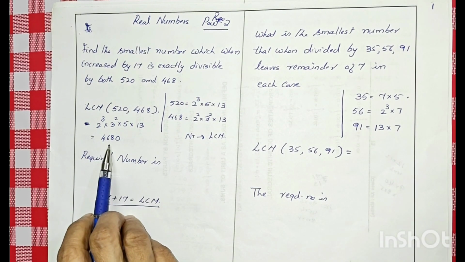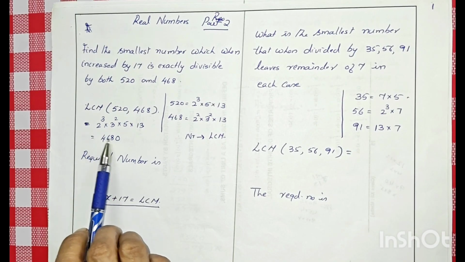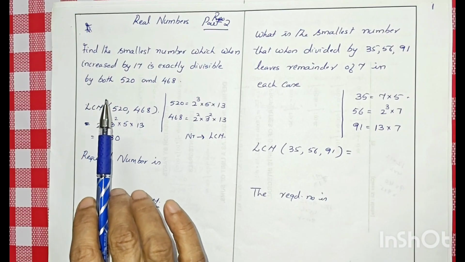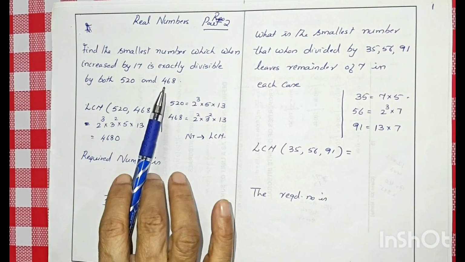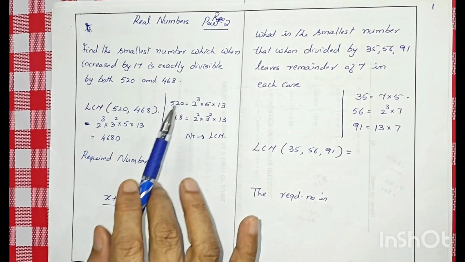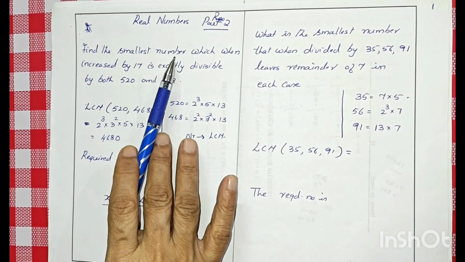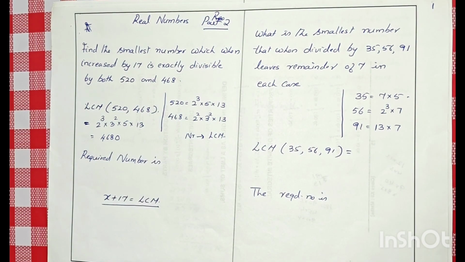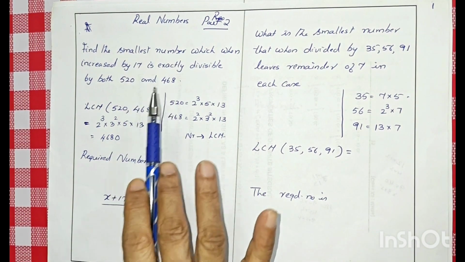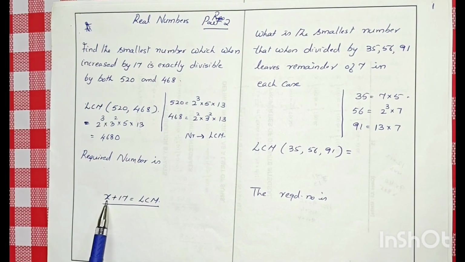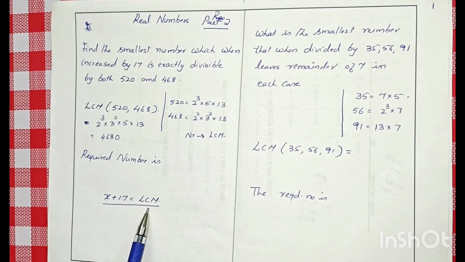Now this is not the answer, because you have only found the LCM. 4680 divided by 520 is exactly divisible, and again 4680 divided by 468 is exactly divisible. But you need the smallest number which when increased by 17 is divisible by these. So a number plus 17 is divisible, and divisible means it is the LCM.